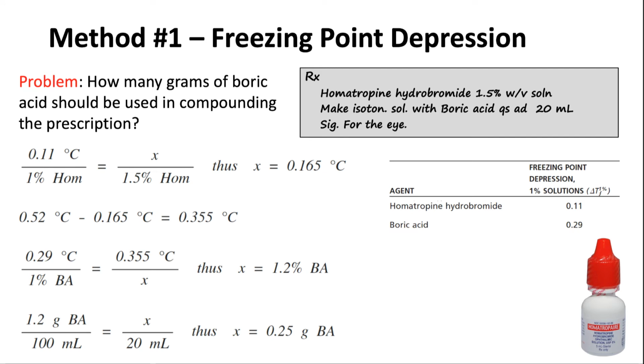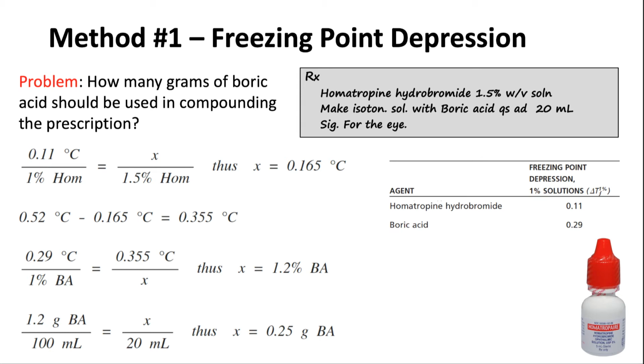So on the top left over here, let's start with the homatropine, and let's determine how much of a reduction or depression in the freezing point the required concentration, the 1.5%, will cause. We'll start by using the delta TF 1% that we looked up and set it up as a proportion: we get 0.11 degrees Celsius reduction when we use a 1% concentration of homatropine. That's the value we looked up.